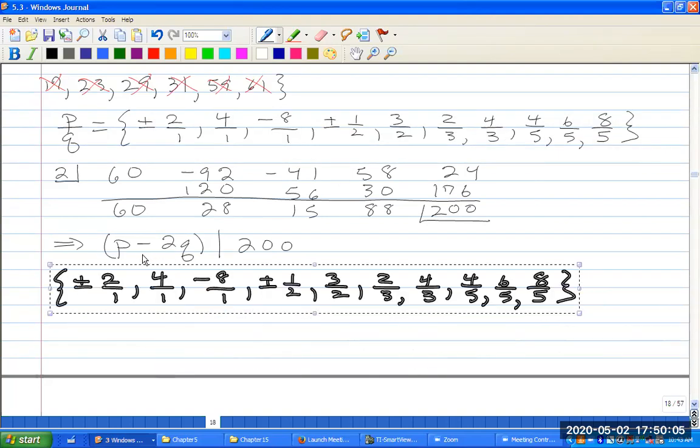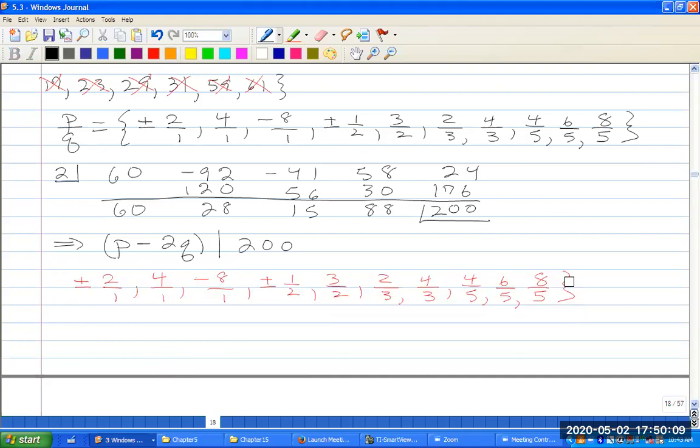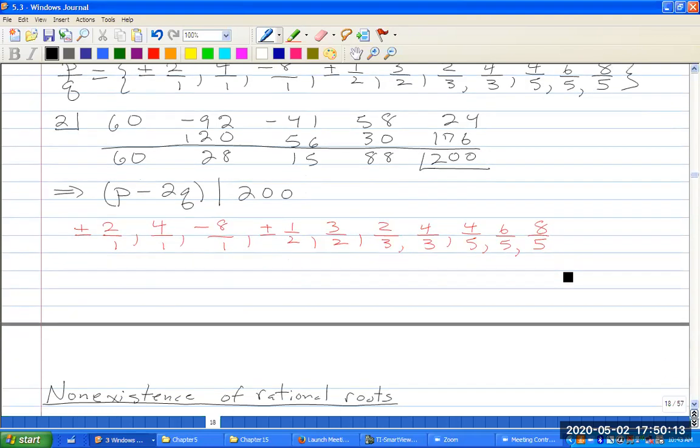I'm just sort of listing these here because it's easier to figure out what all these numbers are, rather than looking above. So I have here P minus 2Q. And I already picked the 2, so it's only a minus. So I'm only looking at these guys.